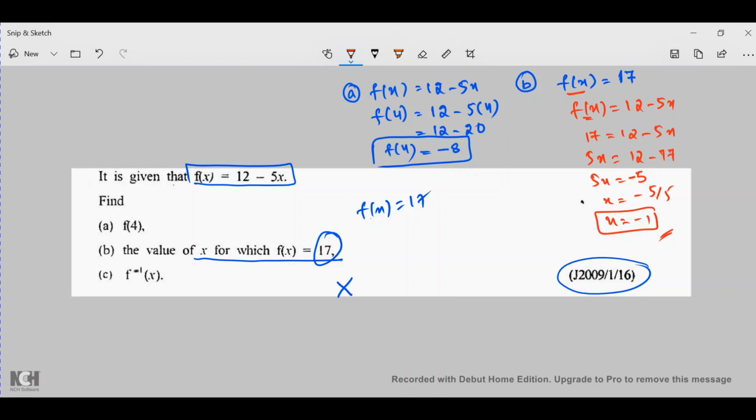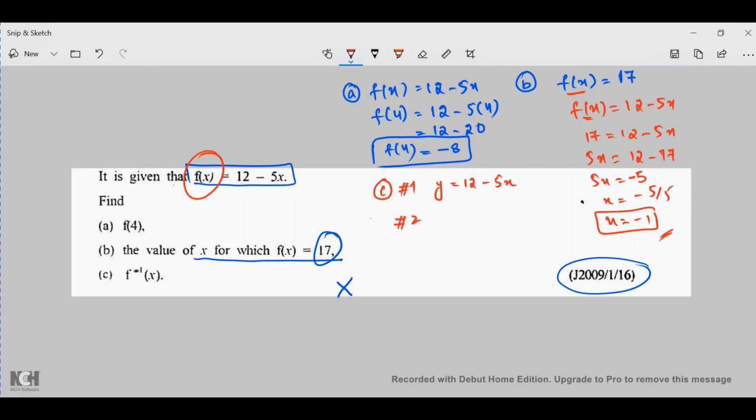Part C. Again, we are finding the inverse function. And you know the inverse function method, step number 1 is what? Step number 1 is we write f(x) equals y. So this f(x) will become y equals 12 minus 5x. Step number 2, make x the subject.